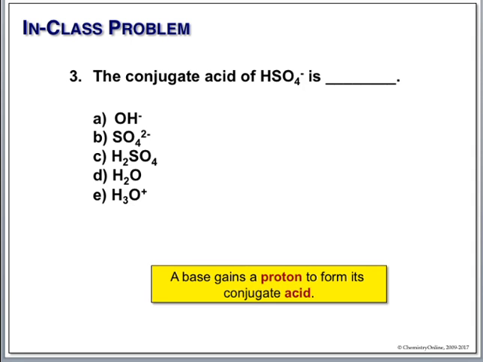The base is going to gain a proton, lose a negative charge to form the acid. So what works? If we put a proton on here and lose a negative charge, you get everyone's favorite acid, sulfuric acid. Gain a proton, lose a negative charge.